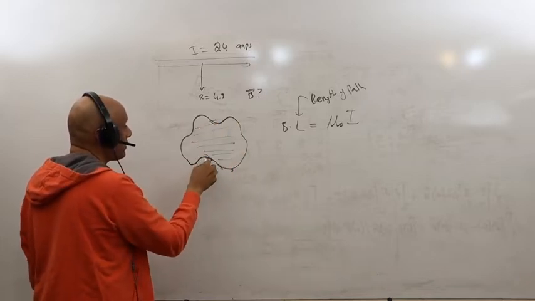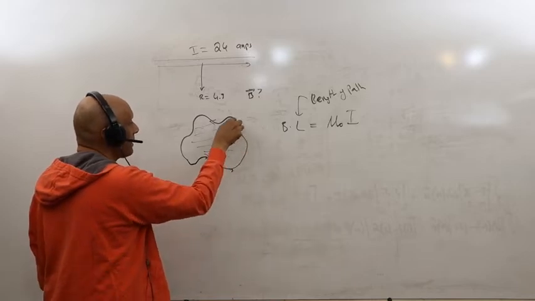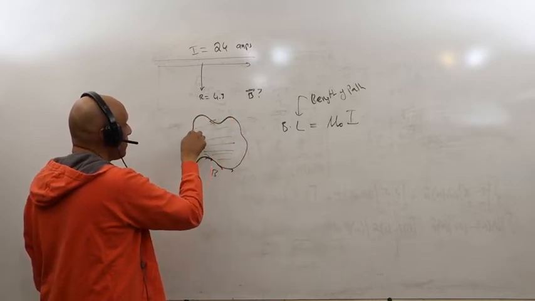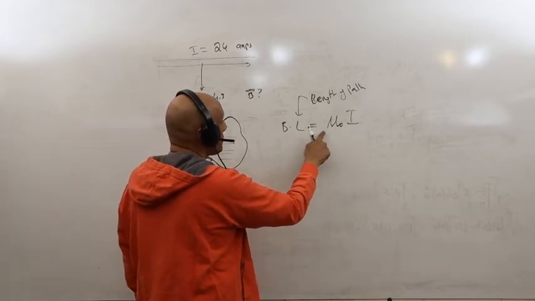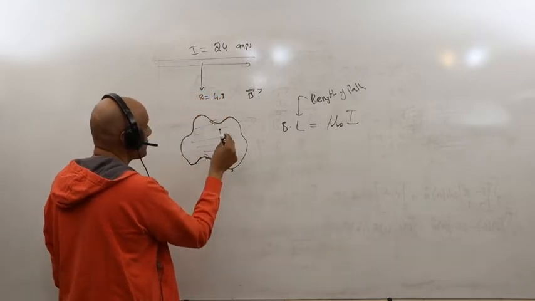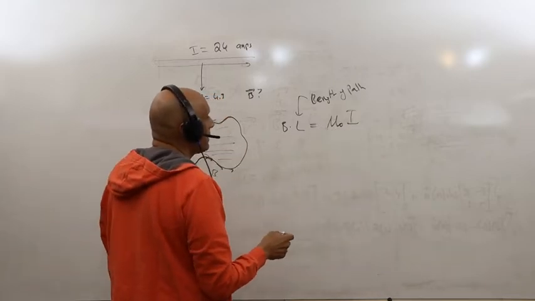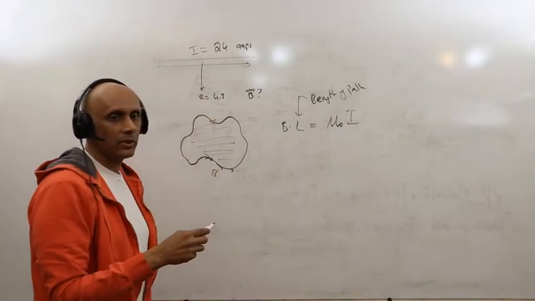So if somebody gives you a path and they tell you the magnetic field is always uniform along this path, then B times L is related to the amount of current that punctured the surface. This is called Ampere's law.